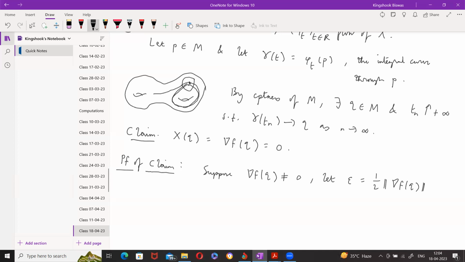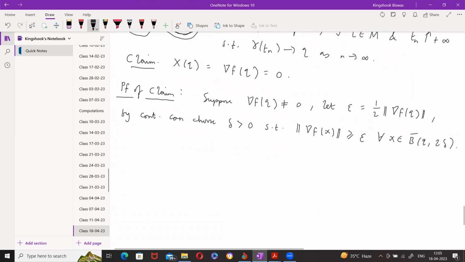By continuity, we can choose delta positive such that the norm of grad f at x is greater than or equal to epsilon for all x in the closed ball of radius 2 delta around q, right? This I can do, yeah?